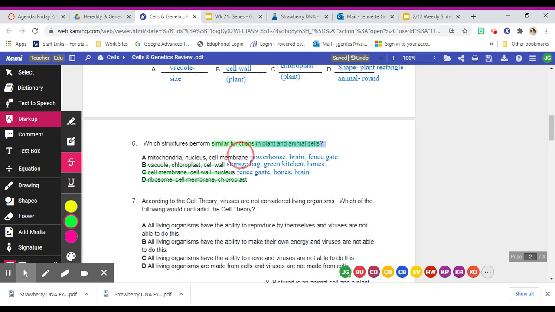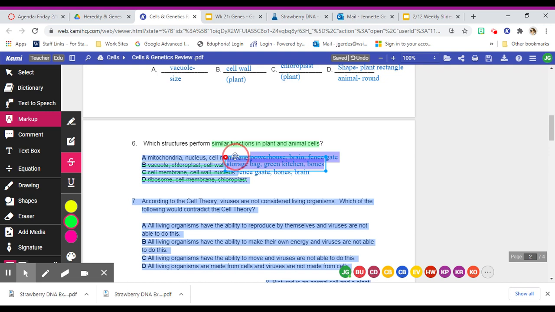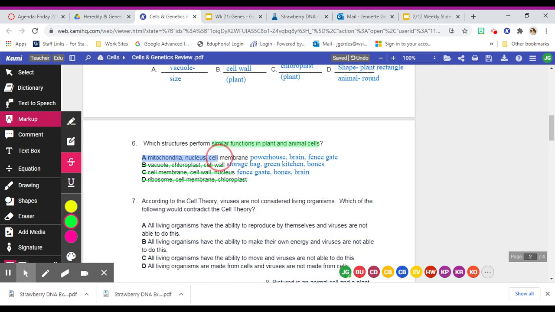Why is it being so difficult? Okay, I'm just going to highlight, technology sometimes. I'm just going to highlight right there. Oh. Okay, how do I undo? Well, some of you are probably way better at this than me.